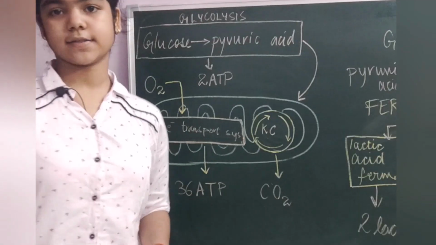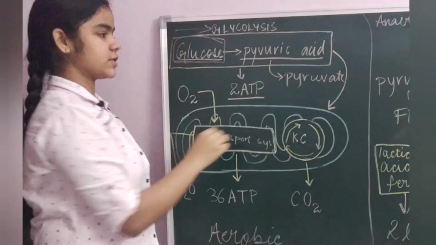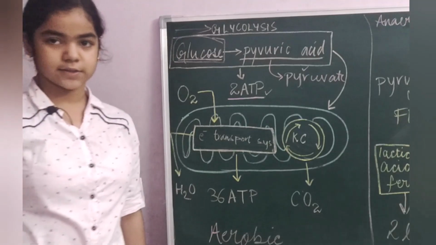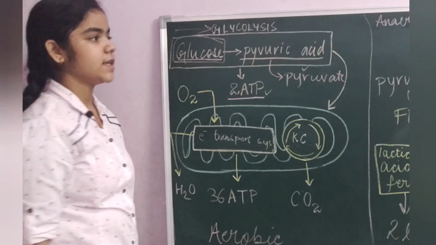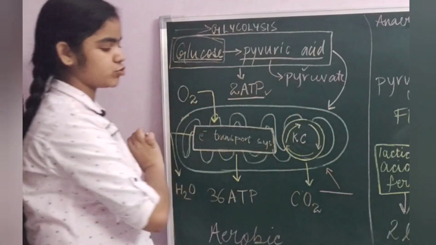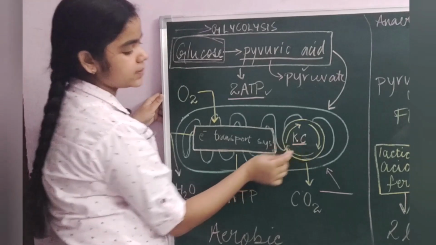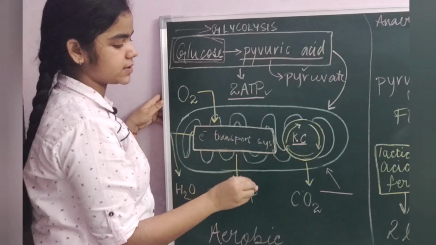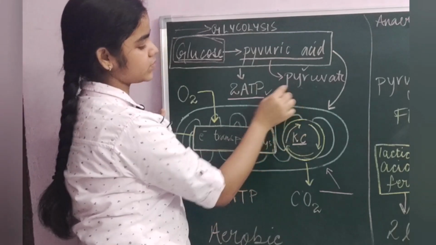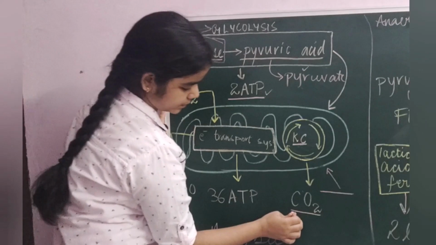Alright, now let us discuss the diagrams of aerobic respiration. So these two things in the process of glycolysis. Now here you see, this is actually the mitochondria. This is Krebs cycle, and always remember that Krebs cycle takes place all the time in the cell. In Krebs cycle, these two things will be converted into CO2.